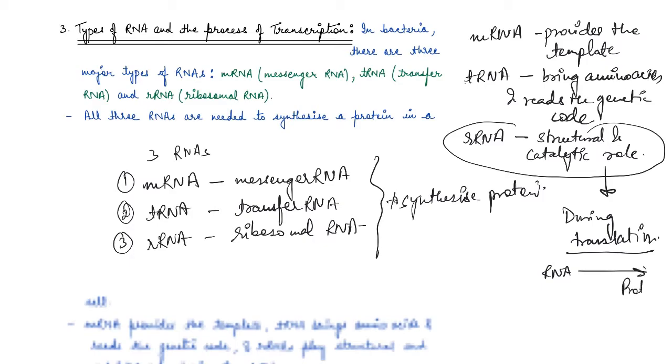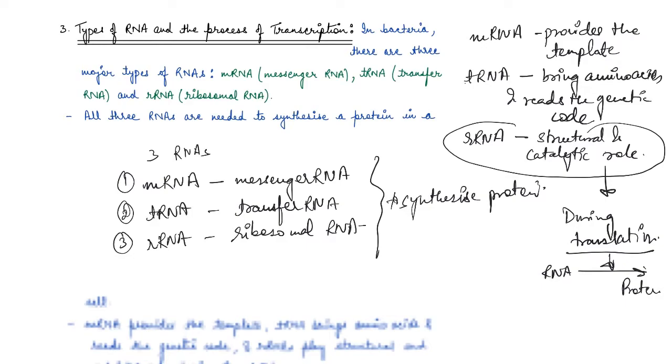So the messenger RNA serves as the template, the transfer RNA brings the amino acid and reads the genetic code, and the ribosomal RNA plays a structural and catalytic role when the RNA gets converted to protein. So these are the three different types of RNA.